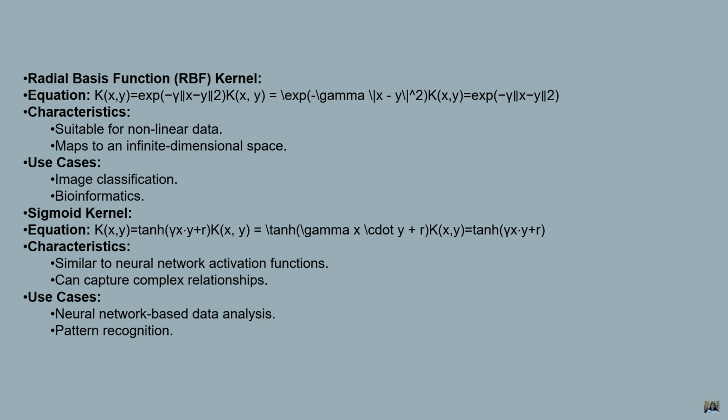The characteristics are similar to neural network activation functions, and it can capture complex relationships. The use cases of the sigmoid kernel are neural network based data analysis and pattern recognition. These are the types of kernels, and we have discussed their equations, characteristics and use cases.